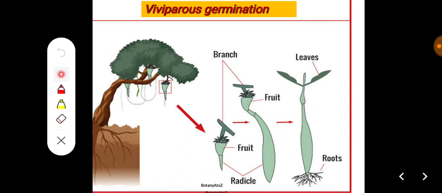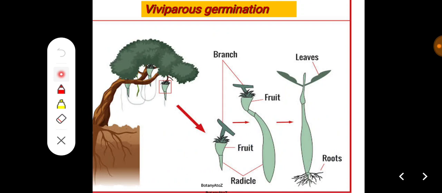It germinates on the plant, and when it grows, the fruit falls, and the fruit with the new plant falls, and the plantlet goes down into the marshy habitat and starts growing into a new plant. Such a germination is called viviparous germination. It is mainly seen in the mangroves.